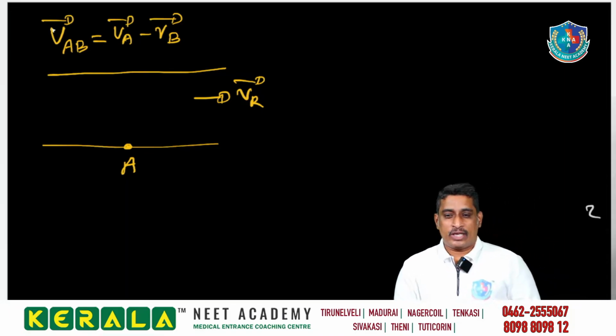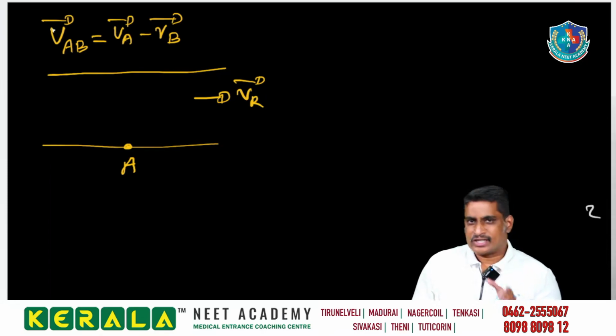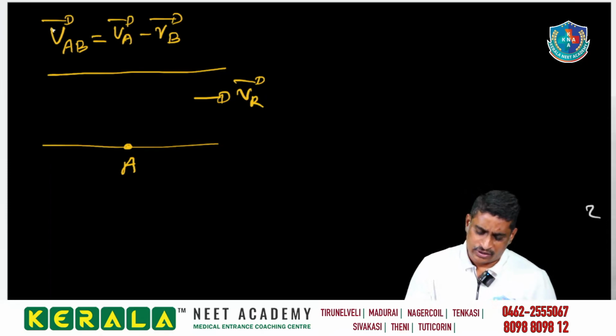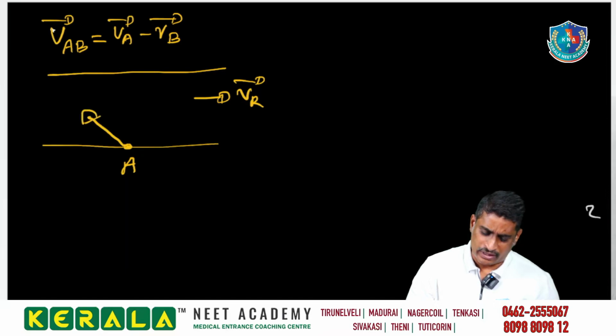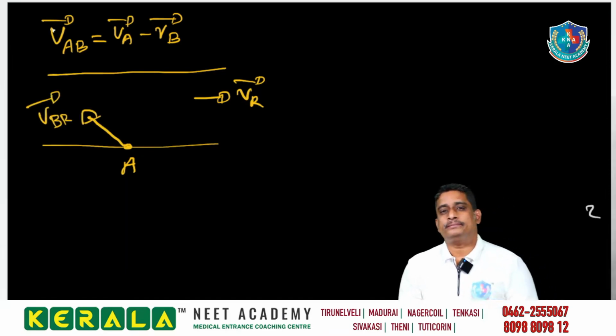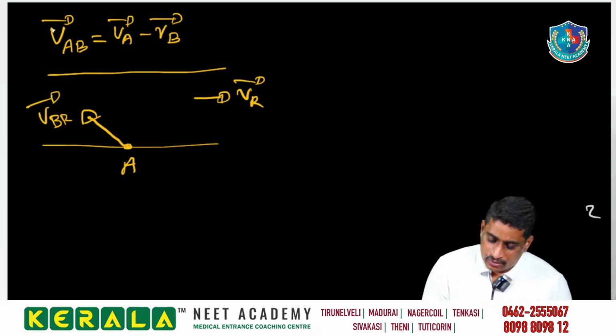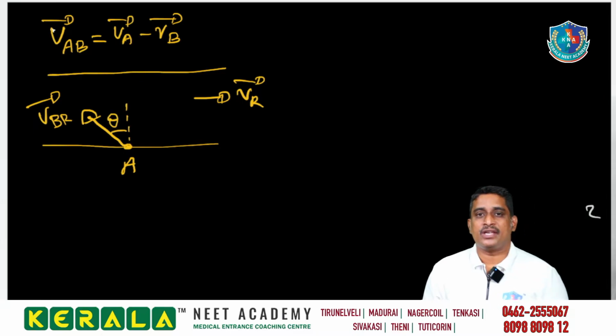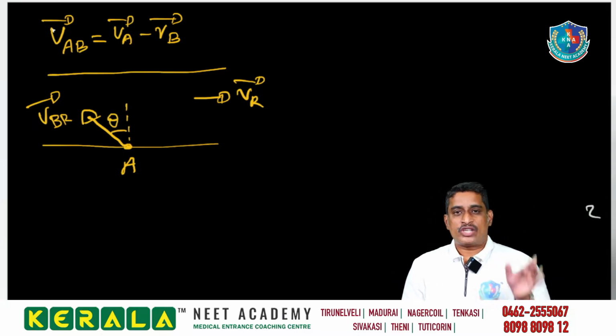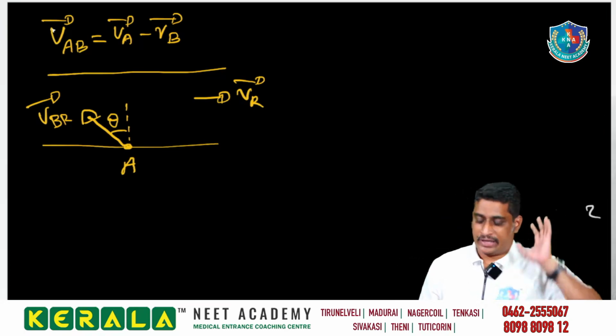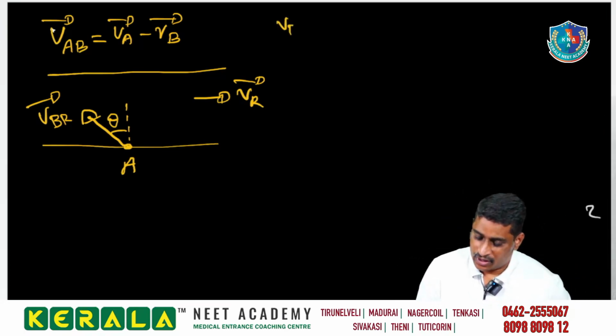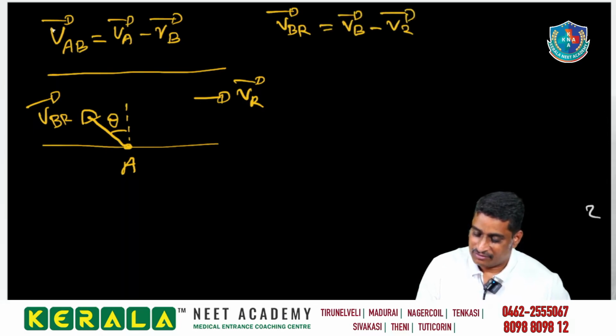So initially let us define, in some arbitrary direction, velocity of the boat with respect to the river like this, and let us assume it is making some angle theta with the vertical. Now the general relative velocity equation we can take here. Velocity of the boat with respect to the river is equal to velocity of the boat minus velocity of the river.